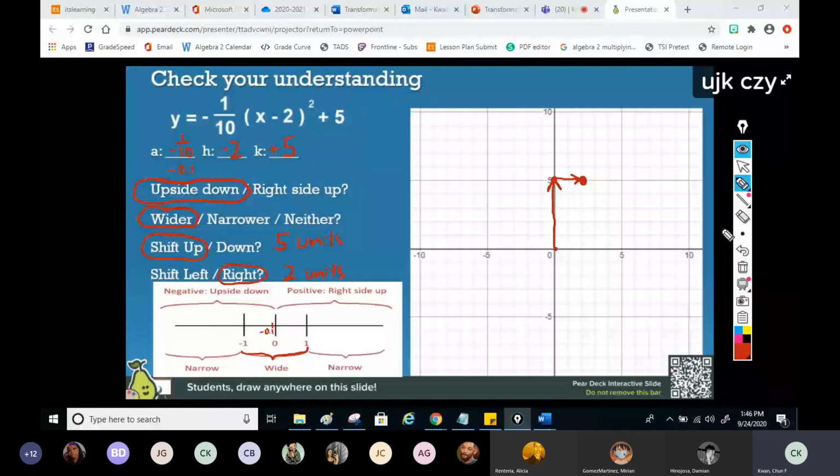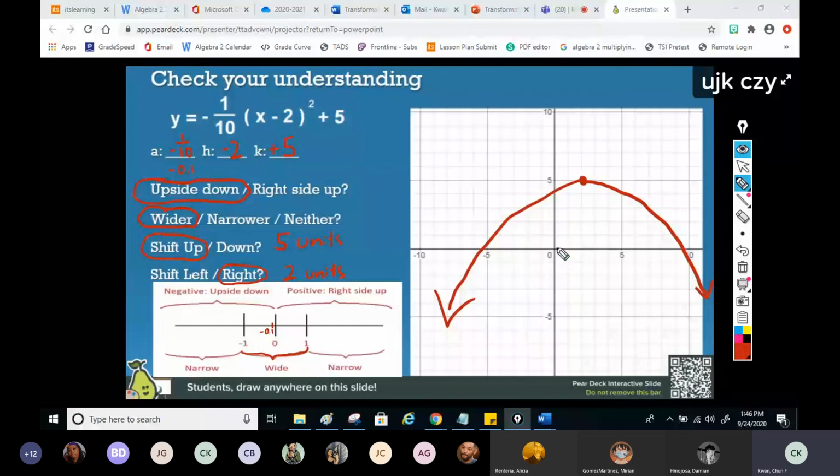So this is where the vertex of the new graph is. That's the tip. It's right here. And then I need the graph to be upside down, and then it has to be wide, like this, okay? So this is how the graph's supposed to look like.